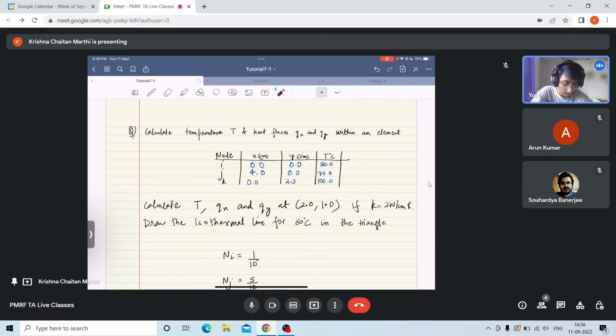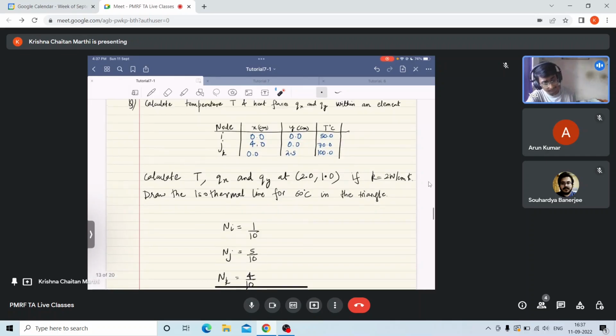At node j, which is at x equal to 4 and y equal to 0, my temperature is 70 degrees centigrade. And at node k, which is at x equal to 0 and y equal to 2.5, my temperature is 100. I need to calculate the value of temperature and Qx, Qy at 2 comma 1, if k is equal to 2 watt per centimeter Kelvin, which is my conductivity. Also, I need to draw the isothermal line for 60 degrees centigrade in the triangular element.